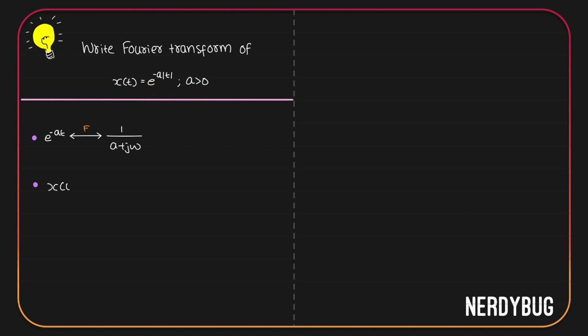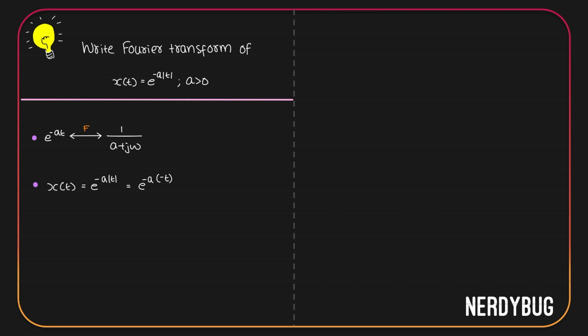Here x of t is e raised to minus a modulus of t, but modulus of t can be written as minus t for t less than 0 and plus t for t greater than 0. So we are going to split it that way. For t less than 0, we can write e raised to minus a multiplied by minus t.